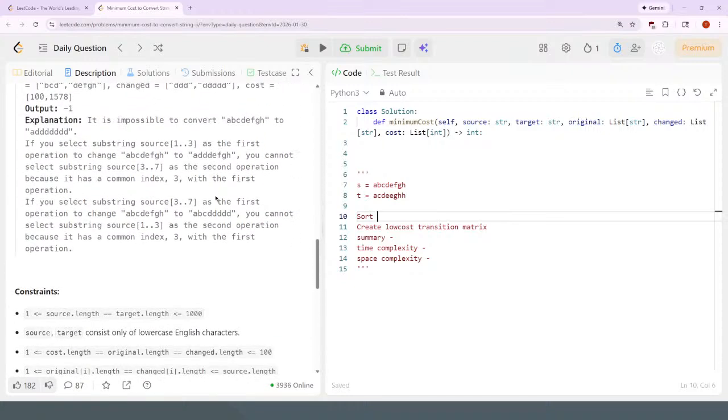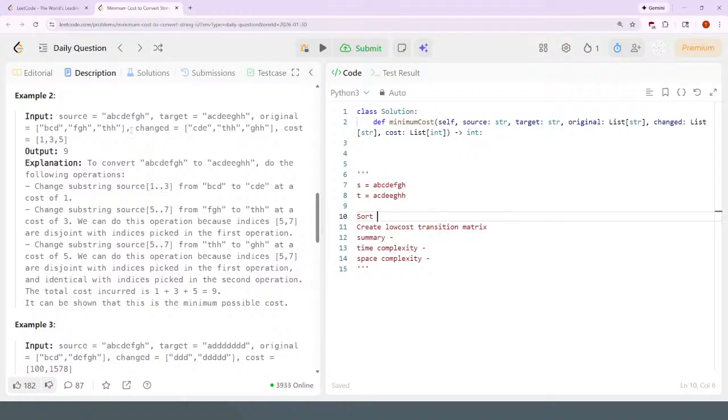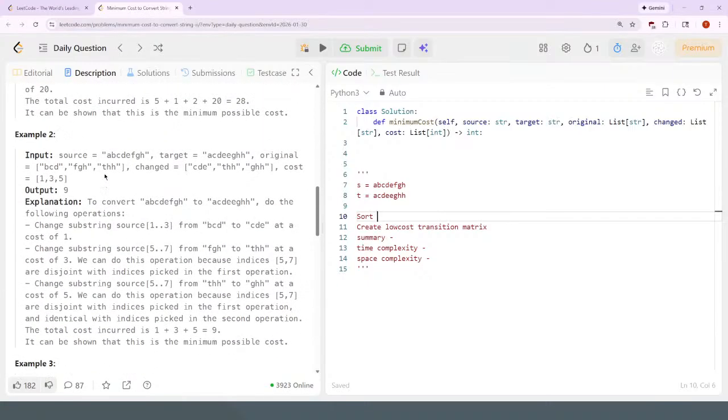I guess it's up to 200 by 200 because the space is all possible different starting values in either original or changed.